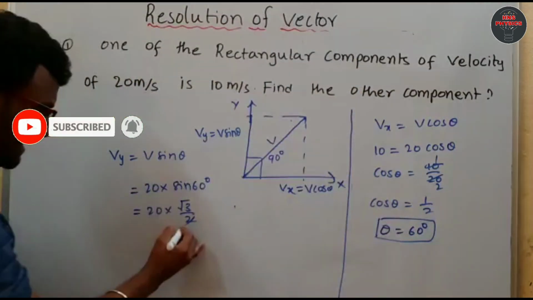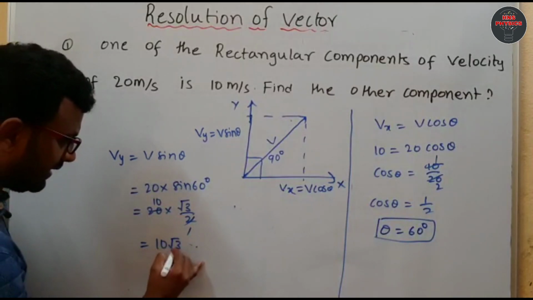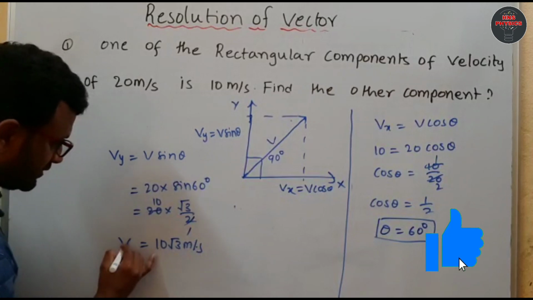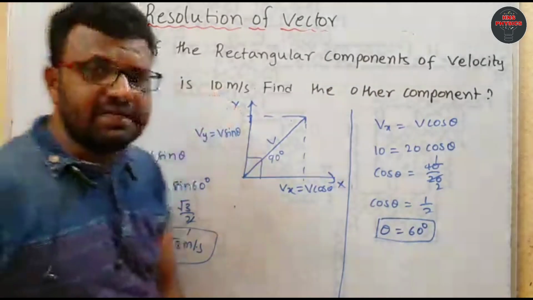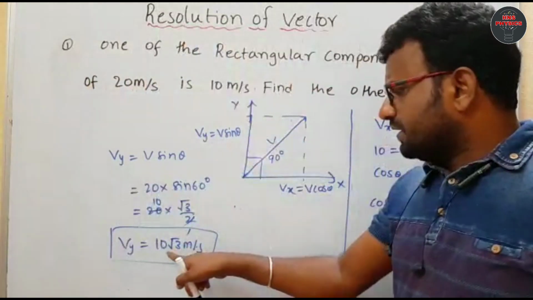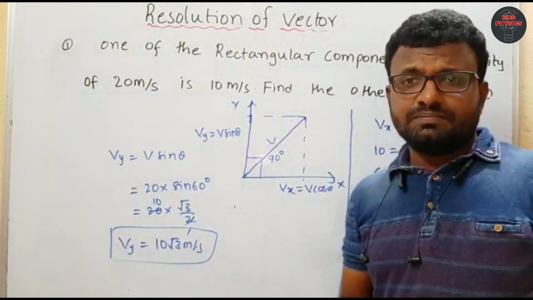So 20 into root 3 by 2, where 2 tens are 20, gives the other component as 10 root 3 meter per second. So the horizontal component is 10 meter per second and the other component is 10 root 3 meter per second. This is the first problem.